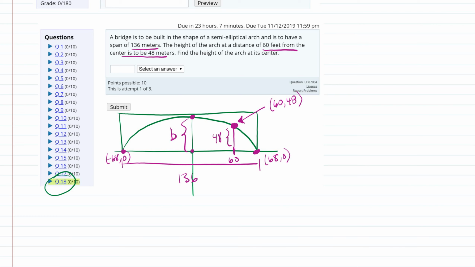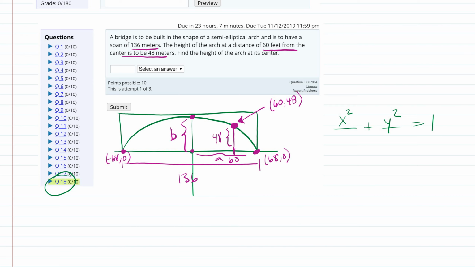So here we go. We need to find the equation, and then once we find the equation, that will help us figure out what b is. So our equation is going to be x squared over a squared plus y squared over b squared equals 1. The distance a is here, and that is 68.